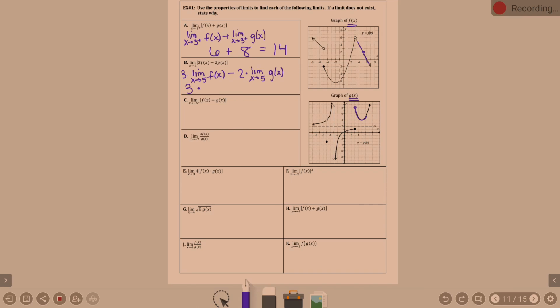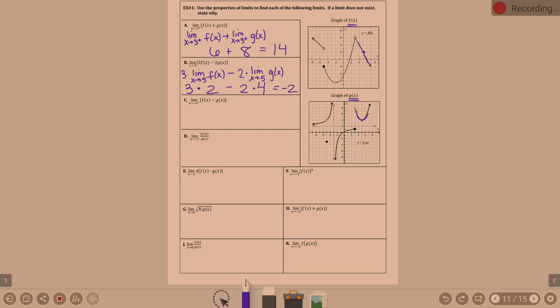So that is 2 minus 2 times the limit as x approaches 5 on g of x. We're approaching that point right there, yes? And it approaches the same from both ways. So 4. 3 times 2 minus 2 times 4 is going to be? Negative 2. Okay.